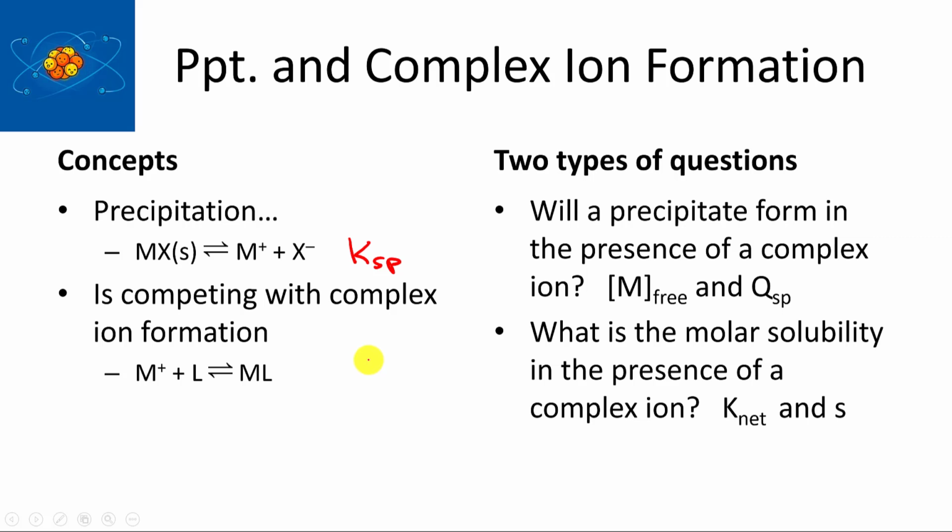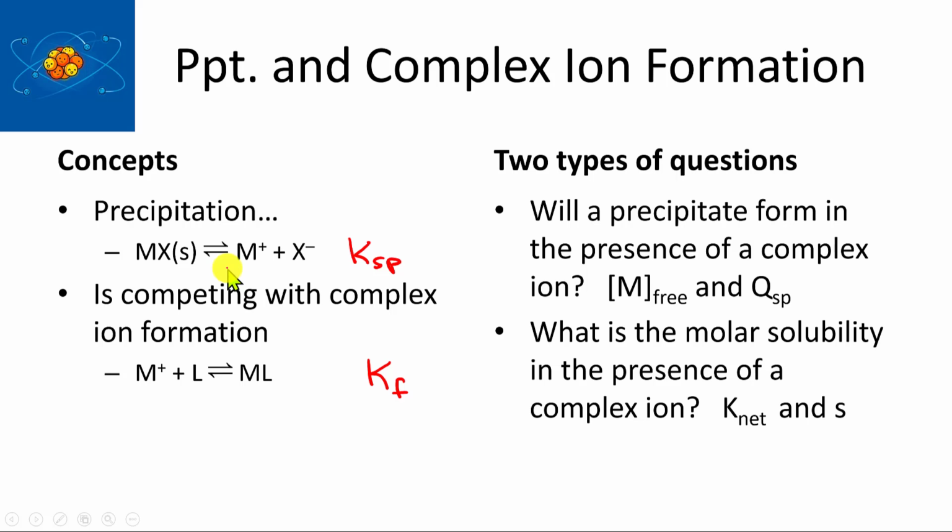And remember, these things have pretty big KFs. So the question is, can the KF outcompete the KSP? And if it does, then this metal salt will dissolve. And if it can't, well, the solubility will be higher because you're pulling metal ion out. But for the most part, most of the metal salt will remain.